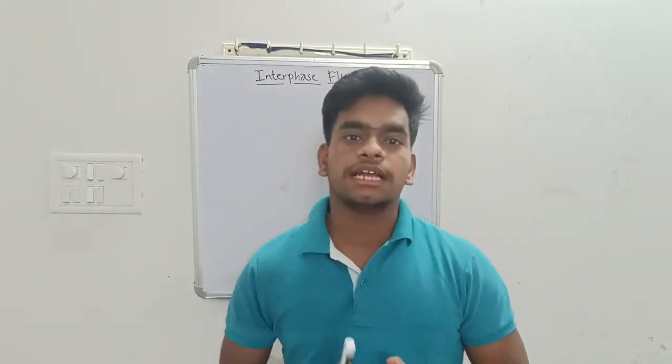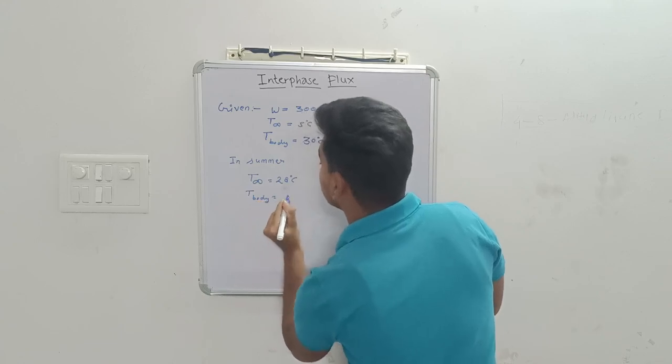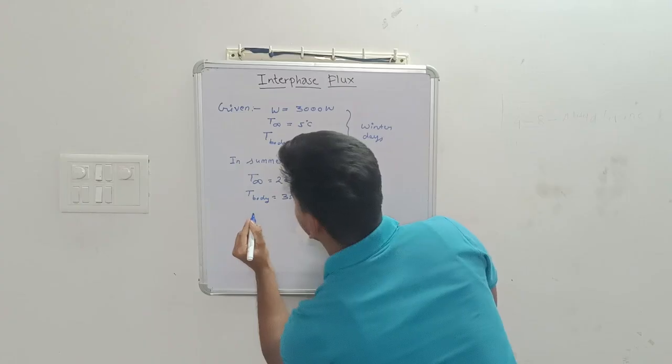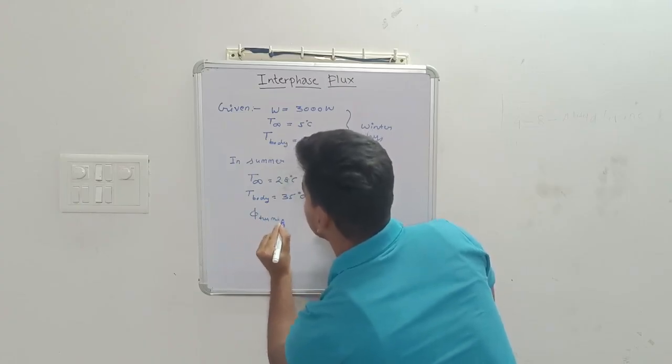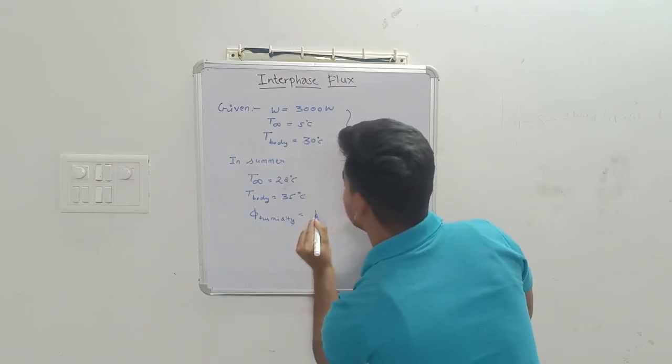So firstly we will collect all the given data. Body temperature is 35 degrees Celsius and relative humidity, which is psi, in winter is 45.